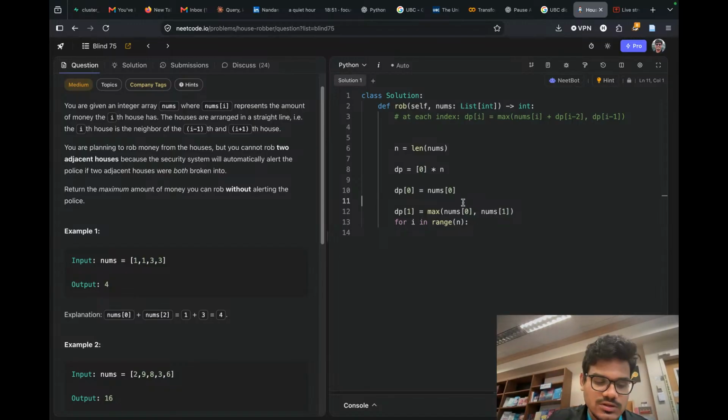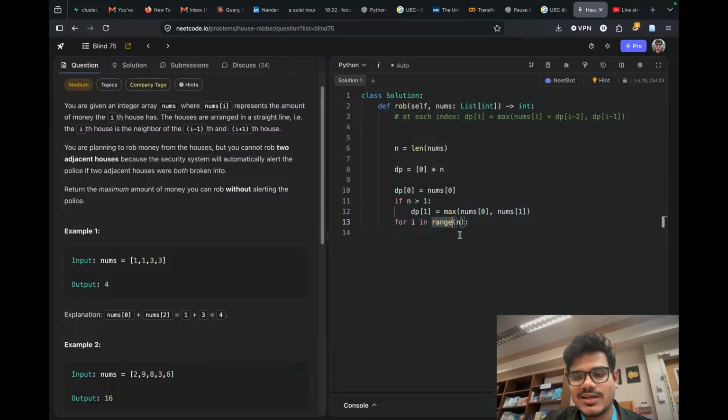Okay, let's do it. This will only happen if n is greater than 1, right? That is the size. Actually, it should be 2, right? Only then it can have. Yeah, I see. So this is what it is. And here we can range i from 2, because we have already filled 1 and 0.